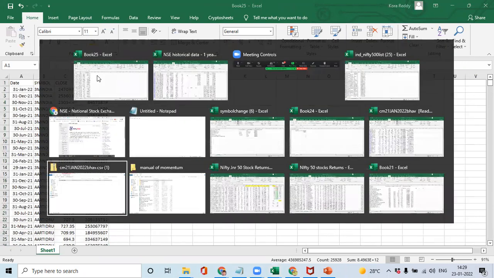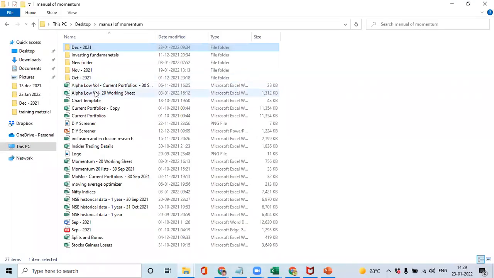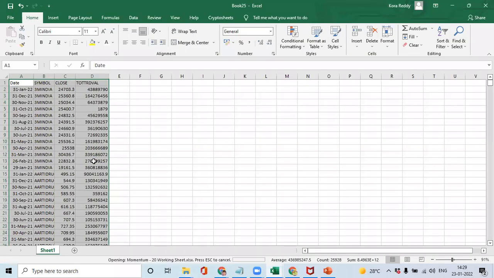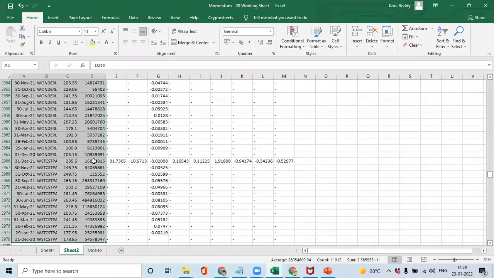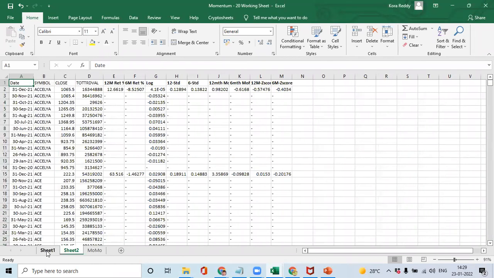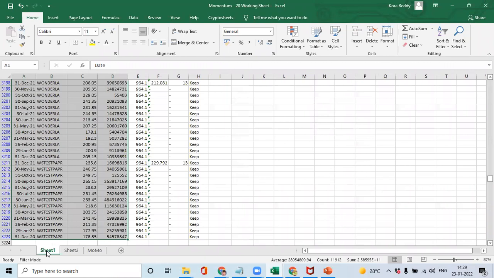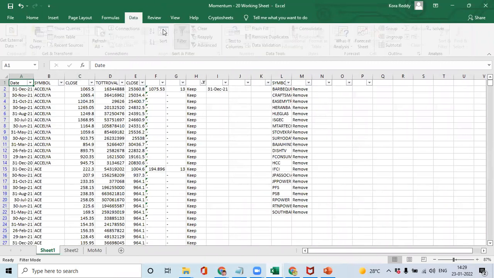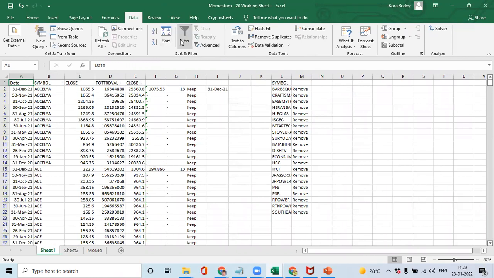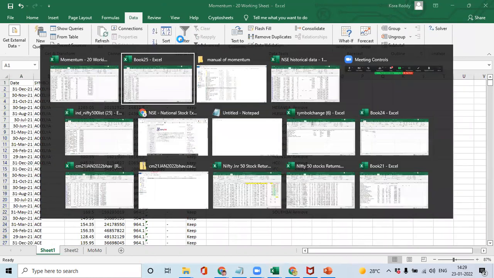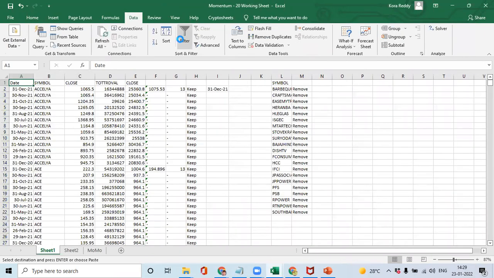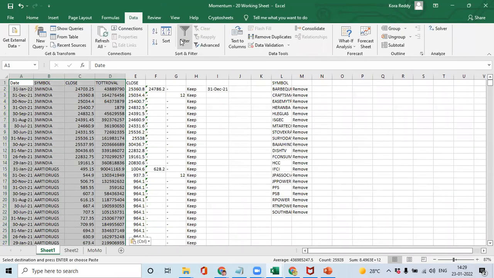Now what I have is the momentum 20 working list. It's a 2-3 step process. I will explain what it is. So I need to paste the whole data.